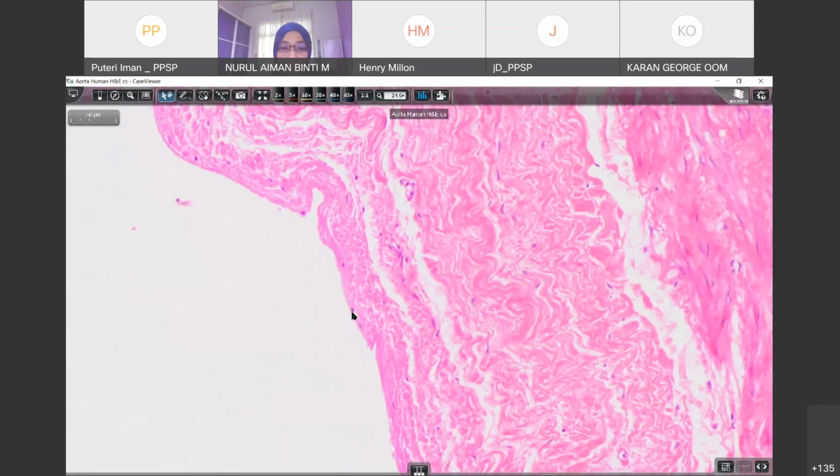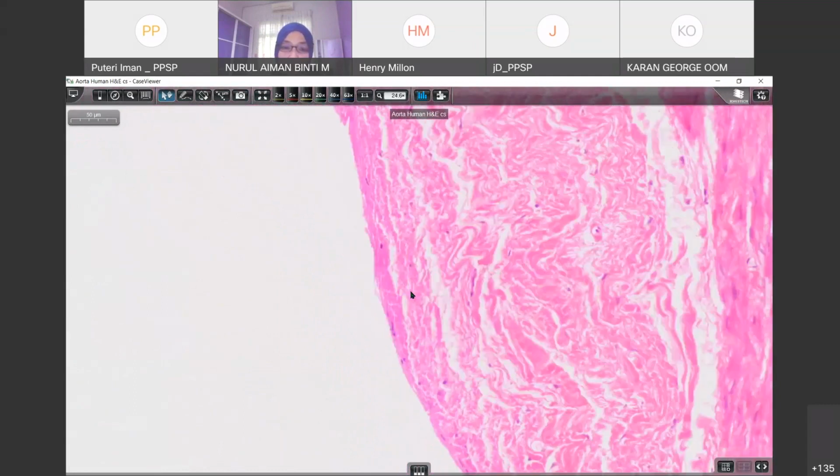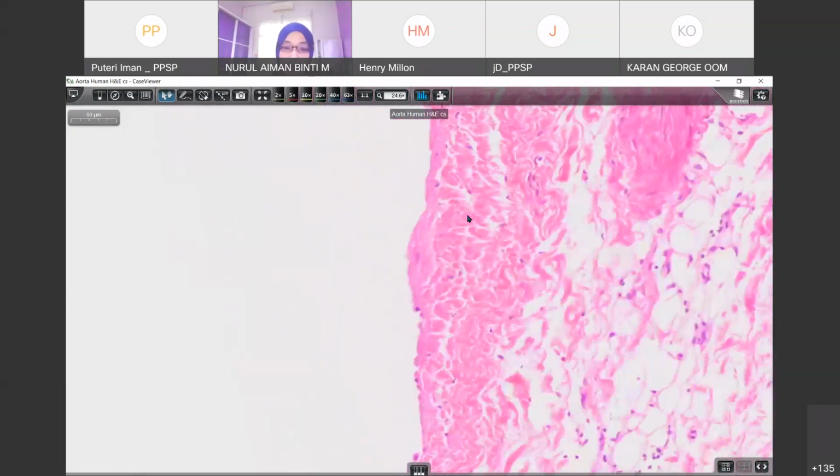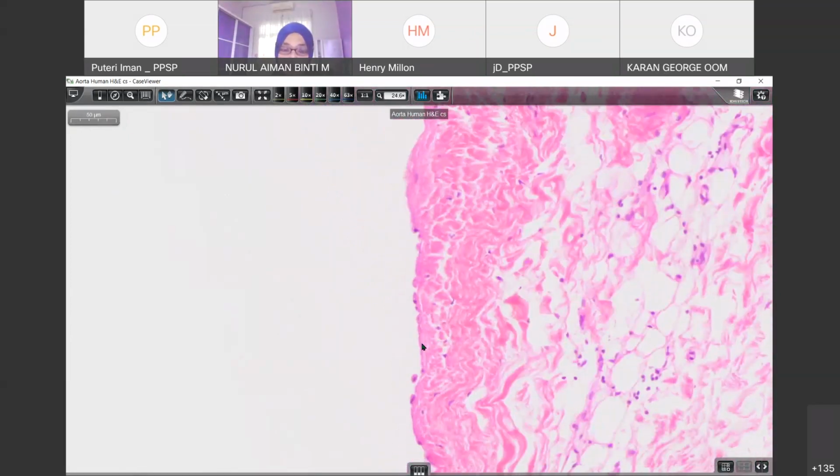You can't see the cytoplasm at the periphery because it is very small in amount and flattened. Here is one, another one, and here it's a little bit inside because of overlapping of the tissue. It continuously covers the rest of the internal surface of the aorta. It is also known as endothelial cells. It has a special function in blood vessels, where it produces certain chemicals that help in dilatation of blood vessels.